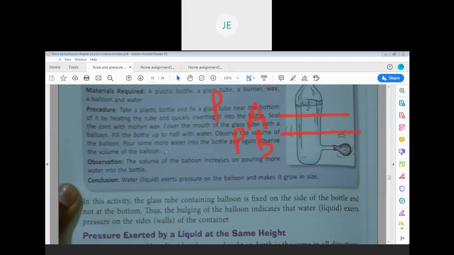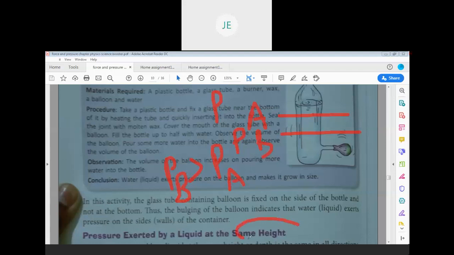Can anyone please tell? Sir, pressure at B will be more. At the bottom. Yes, very good. Pressure at B is more than pressure at A.